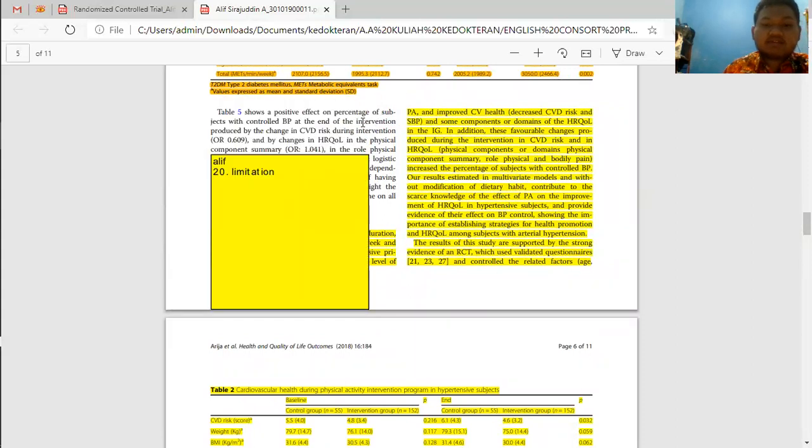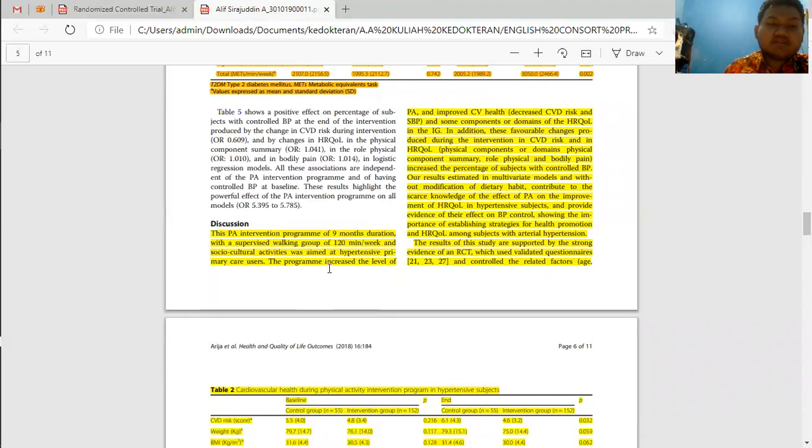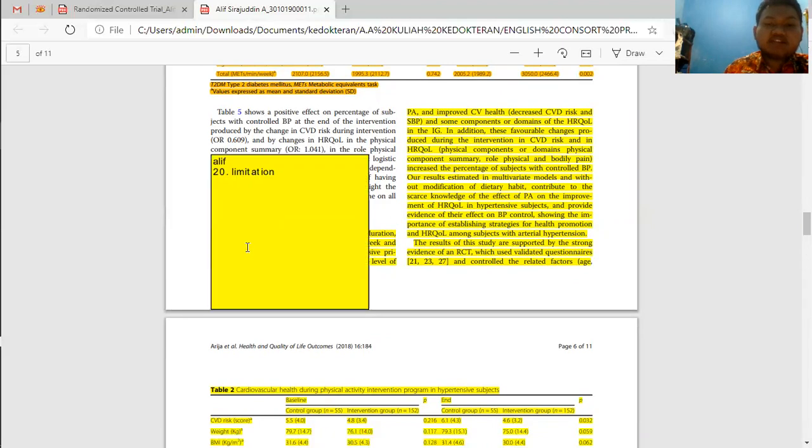Okay, next is the discussion. Sorry, in the discussion it includes item 20, limitations. There are trial limitations, addressing sources of potential bias, imprecision, and if relevant, multiplicity of analyses.